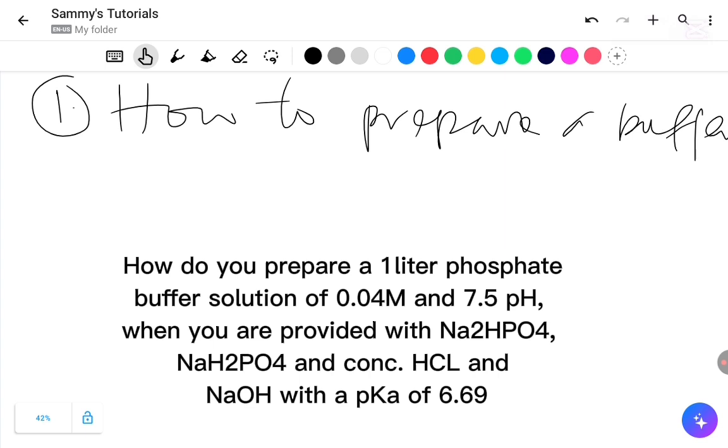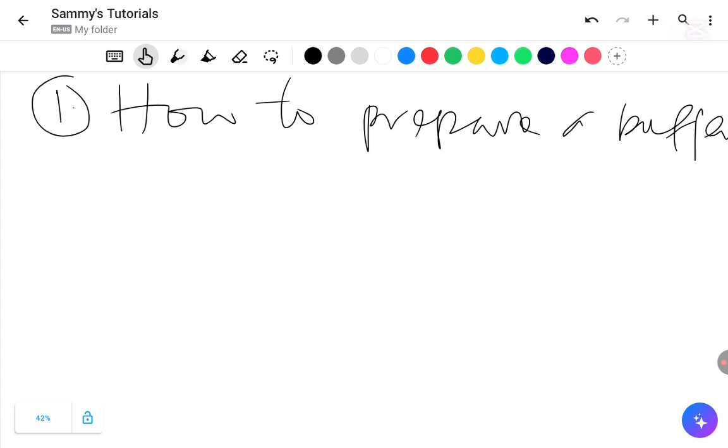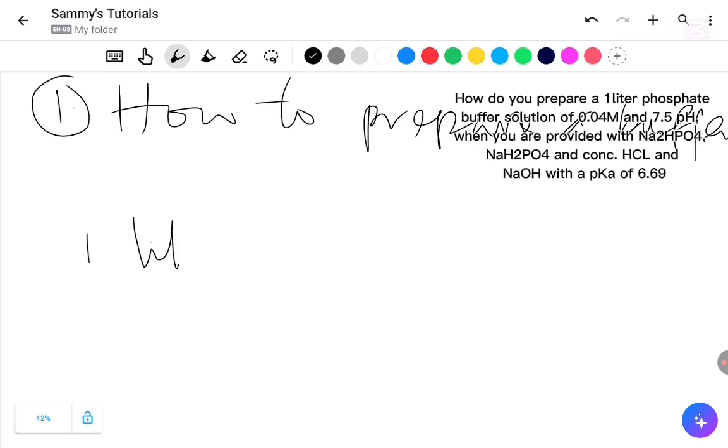First thing, 1 liter buffer, right? What's the concentration? Concentration is 0.04 molar. That's the concentration, right?